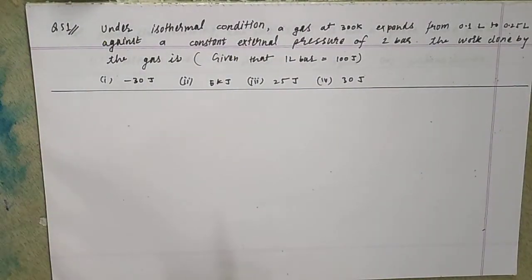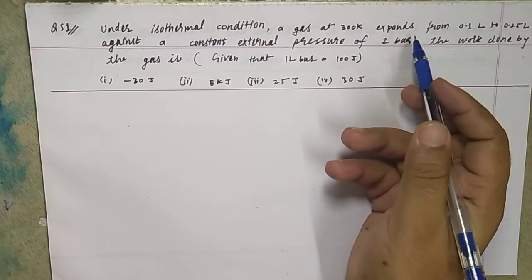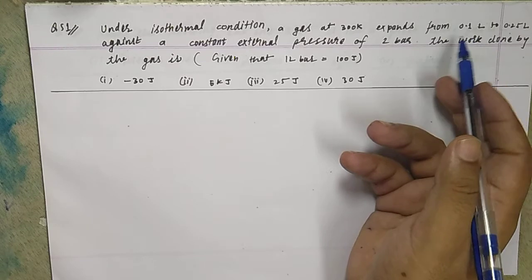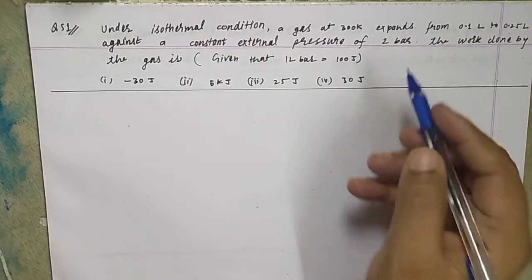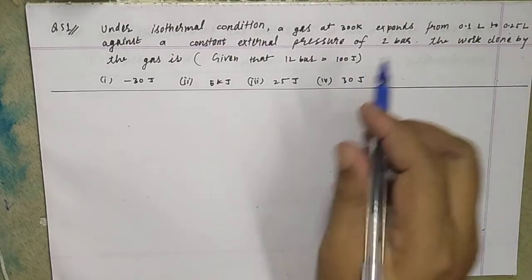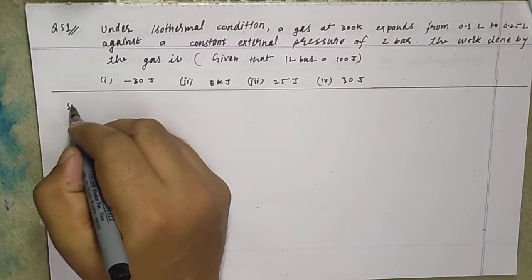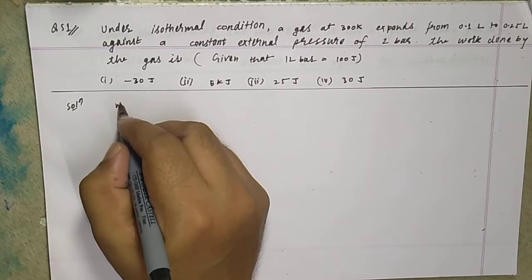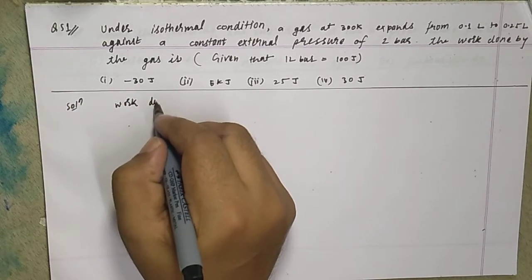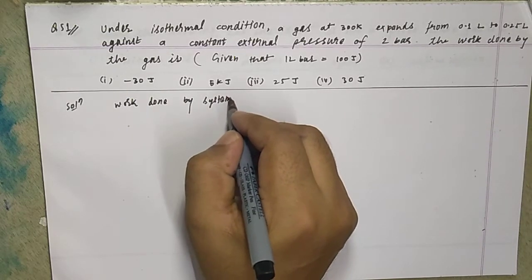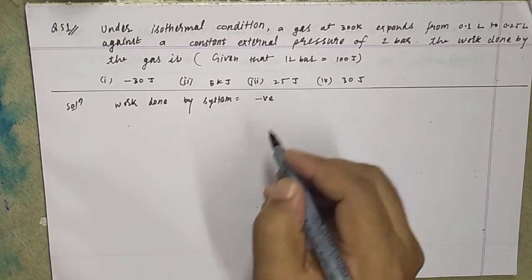problem. The next problem is under isothermal condition. Under isothermal condition, a gas at 300 Kelvin expands from 0.1 to 0.25 liter against a constant external pressure of 2 bar. The work done by the system. Okay, so let us solve. This is the simple work done by the system. Work done by the system has a negative sign.